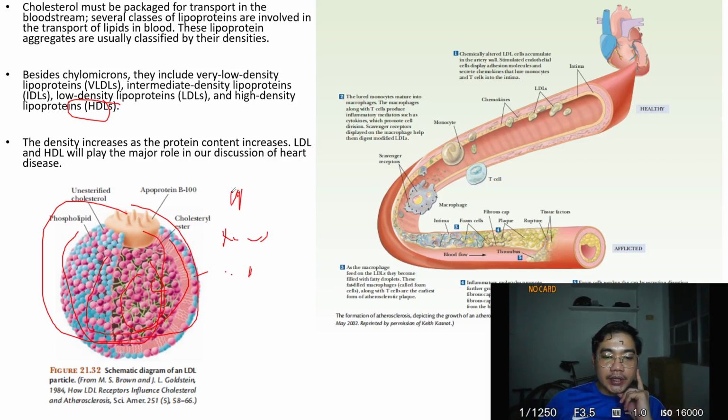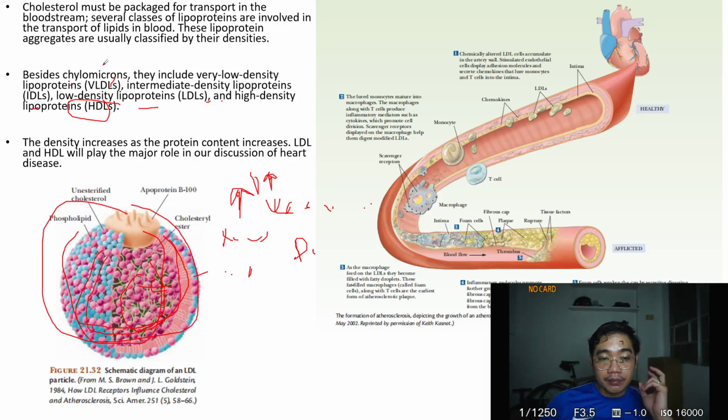So basically, we can differentiate these types of cholesterol based on their density. The more cholesterol there is inside the lipoprotein, the less dense it is. Meaning, if it's less dense, it floats. If there's less cholesterol inside and more protein component, it's more dense, so it sinks.